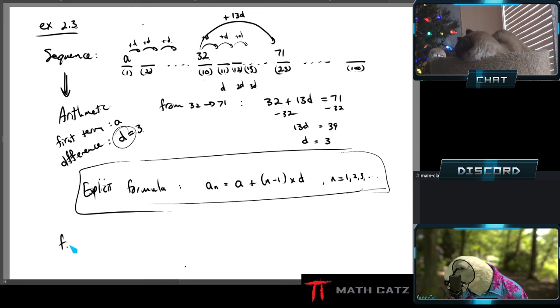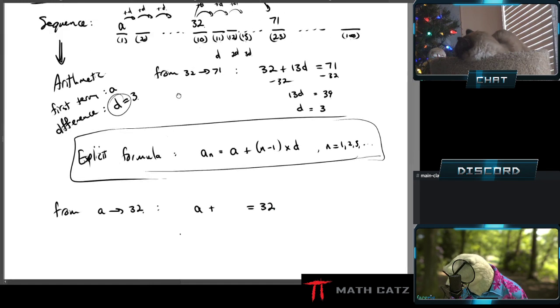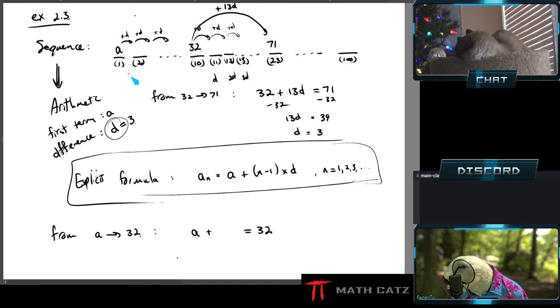So now from A to 32, we can say, well, A plus how many steps of D is going to get me to the 10th step? Well, I add 1D to get to position 2. To get to position 3, I add another D, so it's 2 Ds.